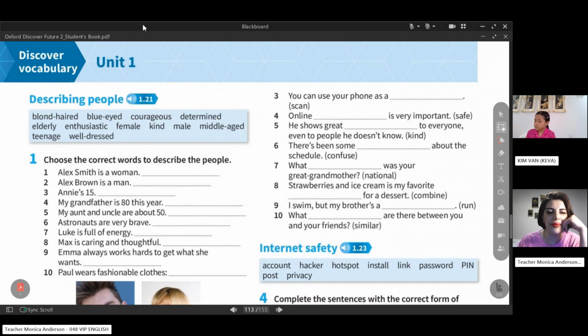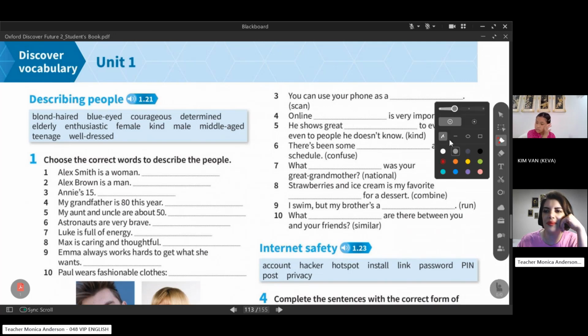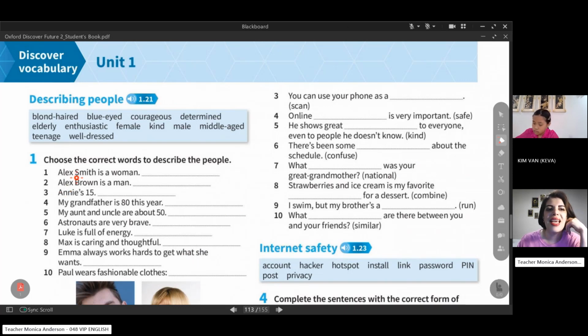Okay. Alex Smith is a woman. What word can we use instead of woman? Which one?